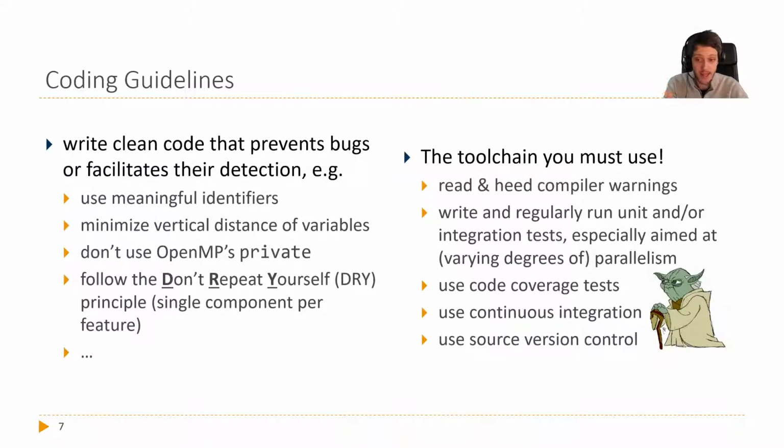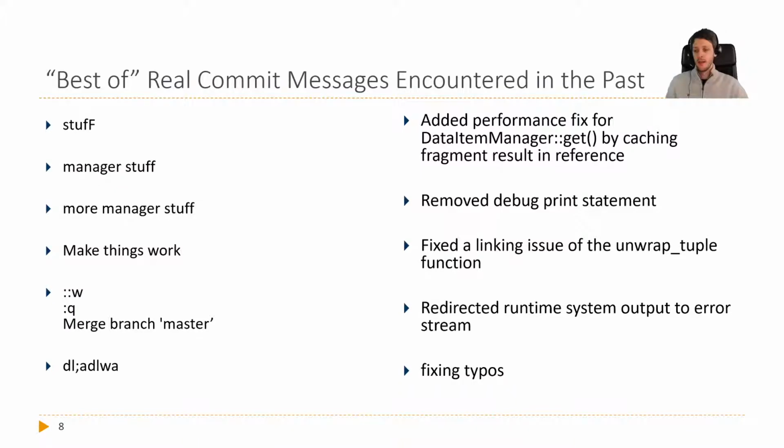And trust me, as I said, we used all of that in a C++ project of, I think it was 150,000 lines of code, or 200,000 maybe, with a lot of template code, going over 10 years, and this is extremely important. And why I stress that so much is because we have this experience, and to show you what this looks like in the real world, I present you with the best of real commit messages that I personally encountered or my colleagues encountered in the past.